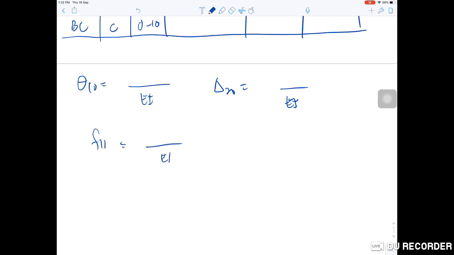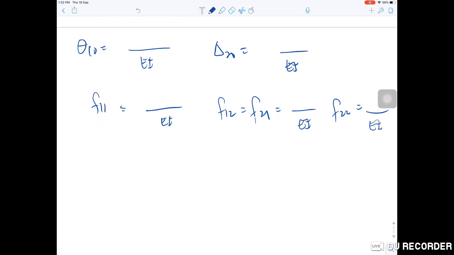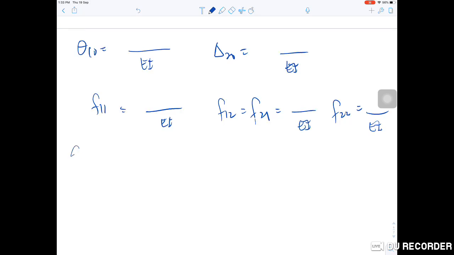Also in terms of EI, F12, F21, in terms of EI as well, and F22. So we just need to substitute all these 6 values into the compatibility equation.